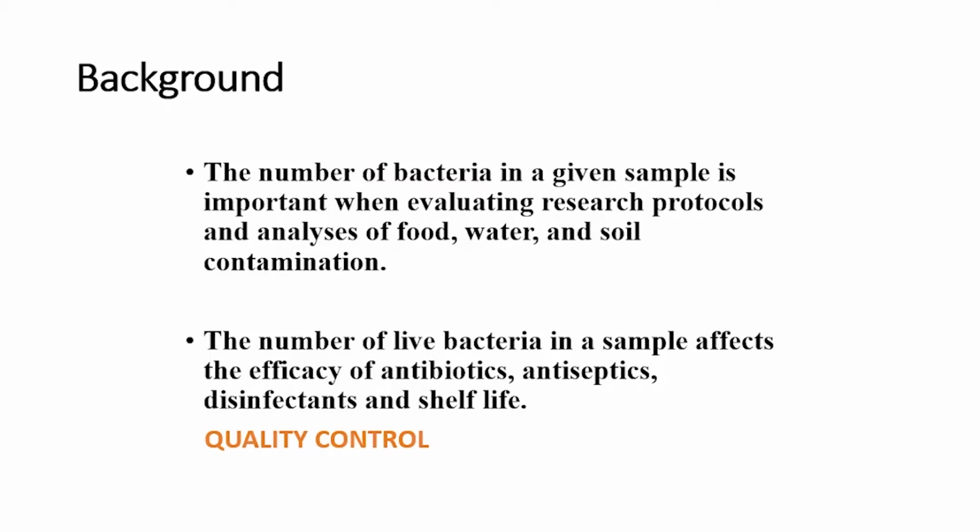Okay, so background stuff. So less about oxygen, more about just the growth of bacteria. When we want to find out how things are going in a cell or in a system, we want to figure out how many bacteria there are. And there's a couple of different ways we can do this. It's very important for things like analysis of food, water, and soil contamination.